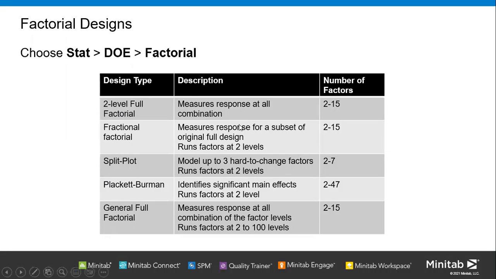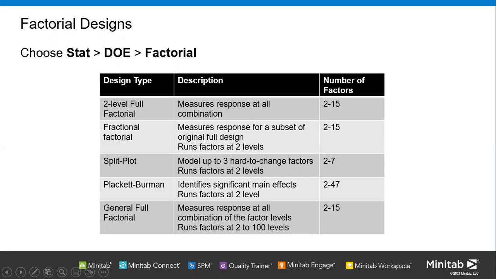If you measure all the combinations and the number of your factors is 2 up to 15, you can go for the 2-level factorial. If you do not have a 2-level factorial, maybe you can go directly to the general full factorial. If you want to see the half factorial, you can go for the fractional factorial.